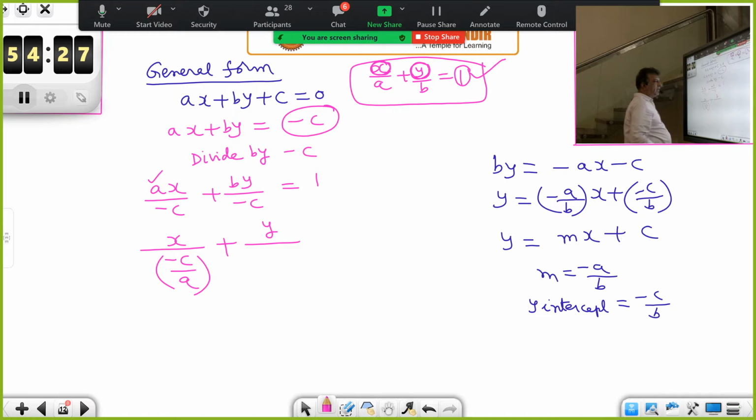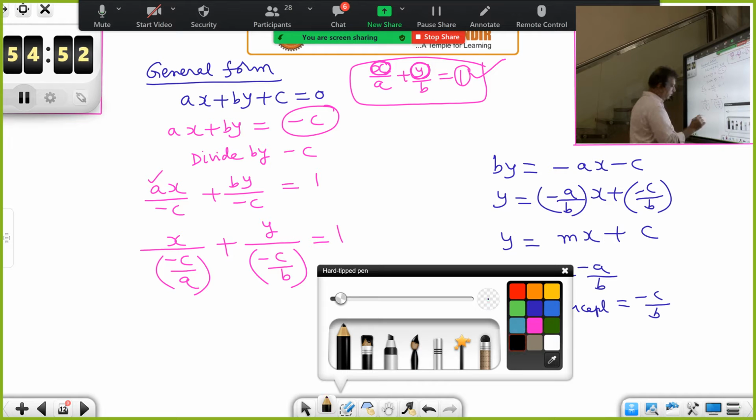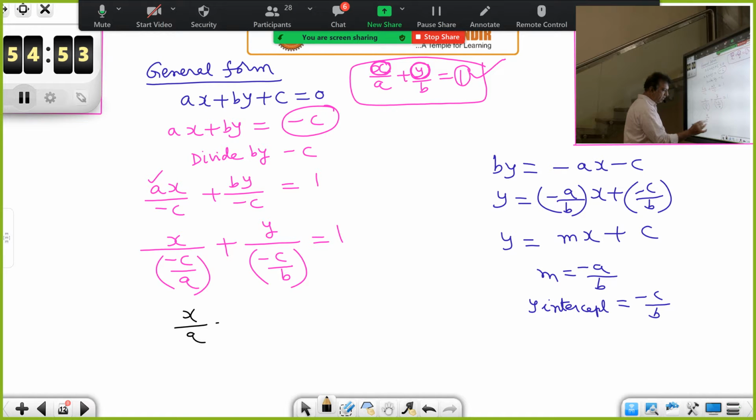I want to bring b to the denominator. What should I do? Minus c by b. So numerator a and b, we have to remove them and put in the denominator. But while putting in the denominator, they will become like this: x by minus c by a plus y by minus c by b is equal to 1. Now it is exactly in the form what? X by a plus y by b is equal to 1.